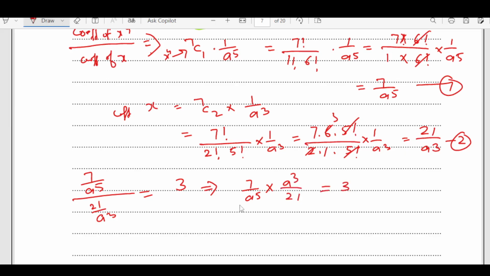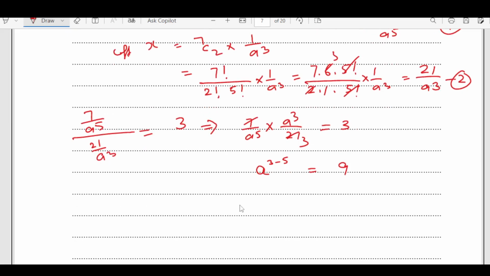So from here this is 1 over 3, so this will become a to the power 3 minus 5 is equal to 3 times 3, which is 9, right? So this is a to the power minus 2 equals 9.